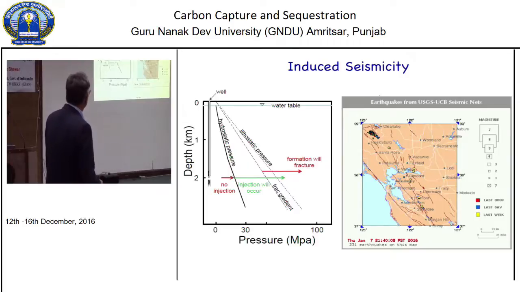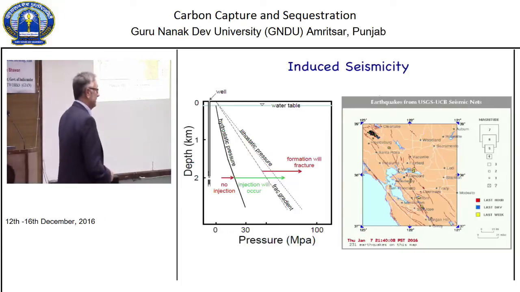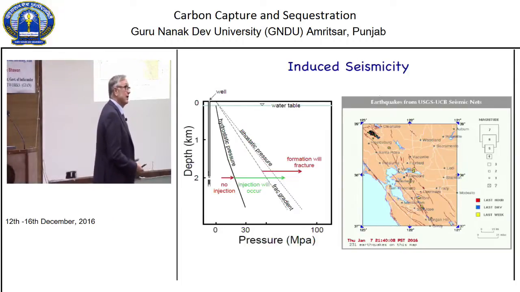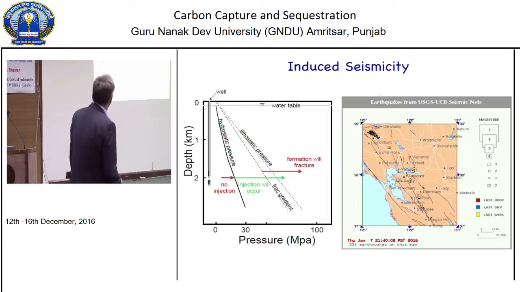And the reason is because if you look at what it takes for a rock to fracture, you go to a certain depth, and the rock is under a certain hydrostatic pressure, and if you add a fluid to it, you increase that pressure, and at some point in time, you exceed the fracture stability of the rock, and the rock cracks, and you get a slippage and or an earthquake.